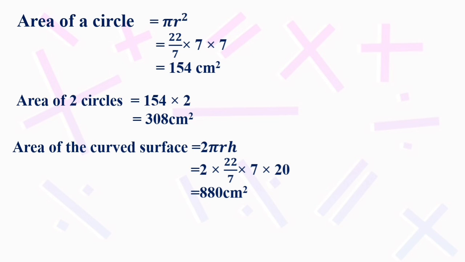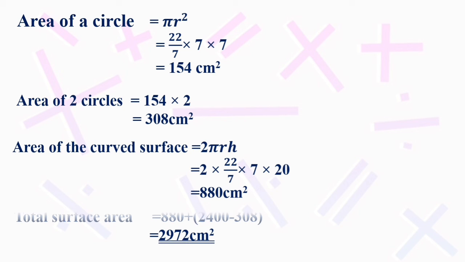Then when you substitute the correct values, you will have the answer as 880. Now to find out the total surface area, we have to add 880, that is the curved surface area, and we have to subtract 308, the area of 2 circles, from 2400, which is the area of 6 squares.